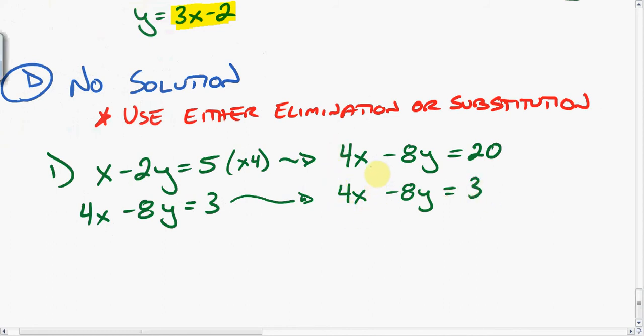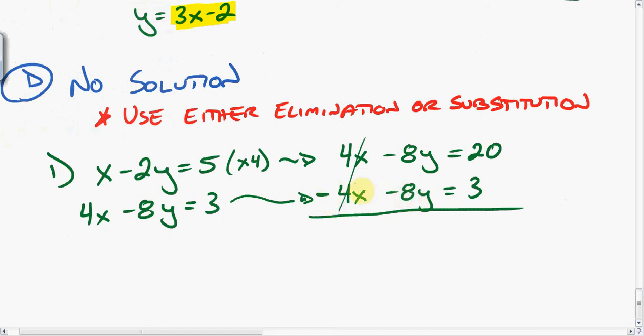So I've got same coefficients here, so I know I can subtract. 4x minus 4x, well, that cancels. And whoa, wait a second, I've got the same coefficients here as well. If the same exact coefficients cancel, it's probably going to do the same thing here. I've got negative 8 minus a negative 8.